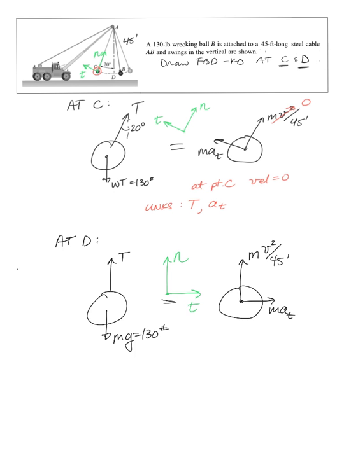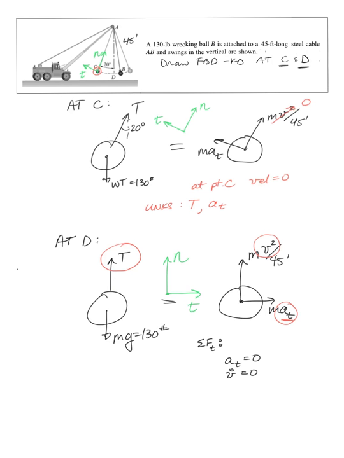But as we see here, if we sum forces in the tangential direction, we would actually find that a tangent equals 0, or that v dot equals 0. So as we look at our unknowns, we'd have an unknown tension and an unknown velocity, and two equations, not two unknowns, because we already used one of the equations to solve for a_t.